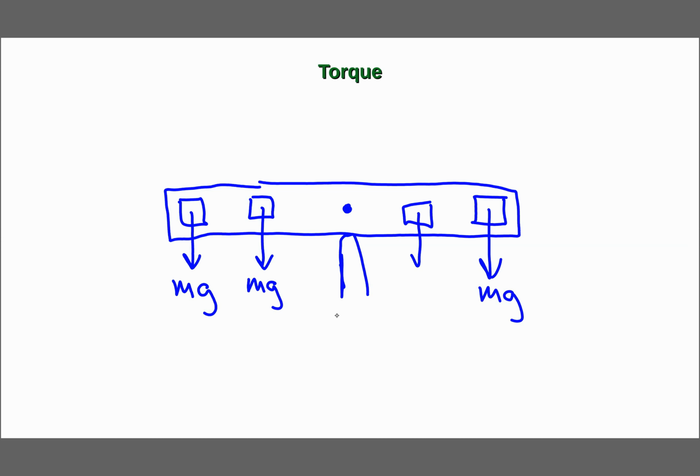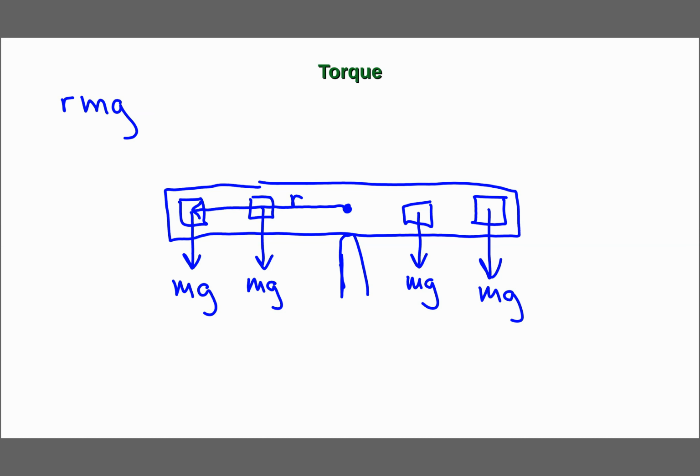Okay? And this means that, say, on the left side, where this force is pulling down, we have some distance r to any given piece of mass, and this r cross F becomes r mg, right?